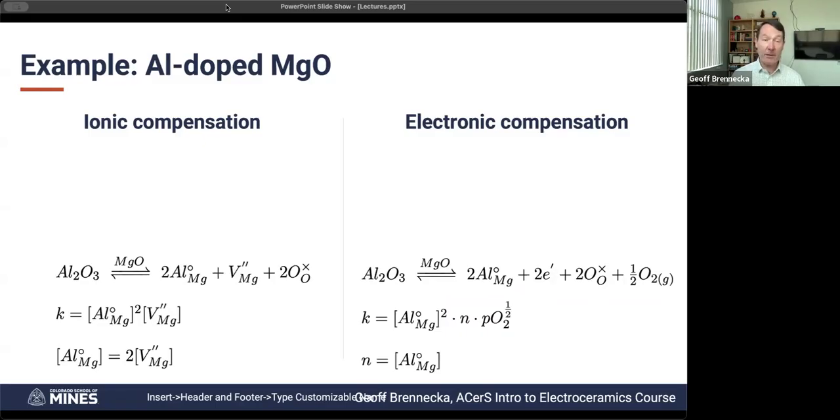If we go back to the ionic compensation, this is a scenario where we've got a couple of aluminums sitting on magnesium sites. For every pair of those replacements, we can compensate for that charge with just one missing magnesium.